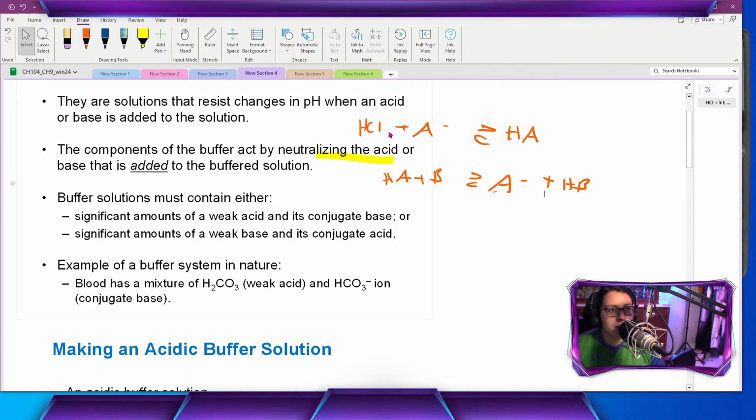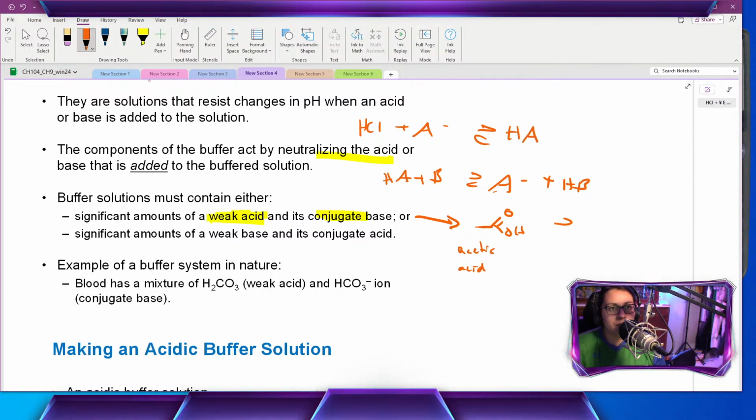And so I kind of hinted at it up here on how you make it. But again, let's read. This is super key. So either it has to have your weak acid and your conjugate base. And so in this case, that would be, let's just take, for example, vinegar, but let's call it acetic acid. I'll write out the structure for a second. So acetic acid here. And then its conjugate base. So then what's its conjugate base?